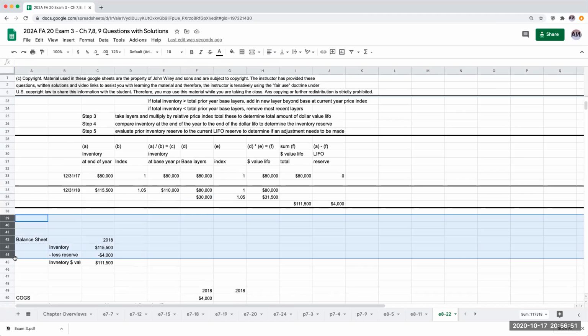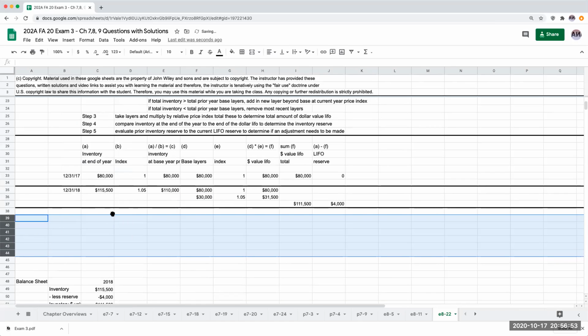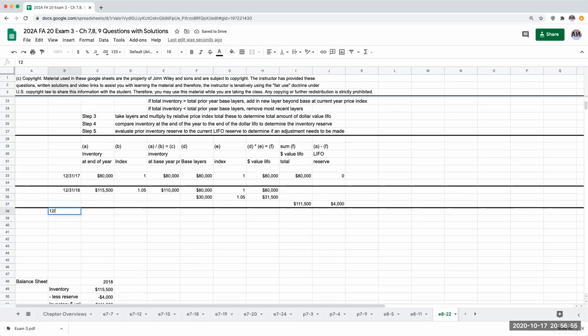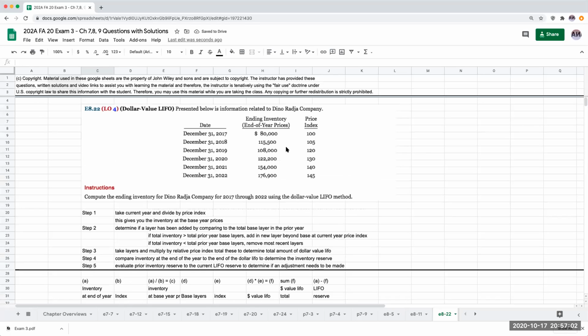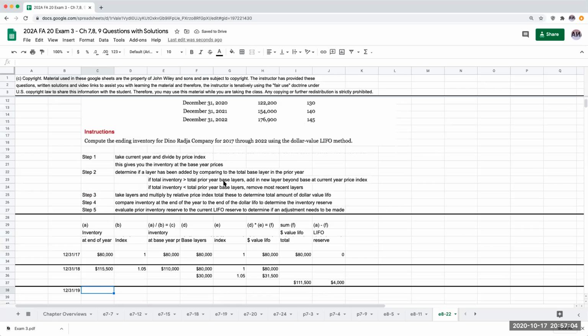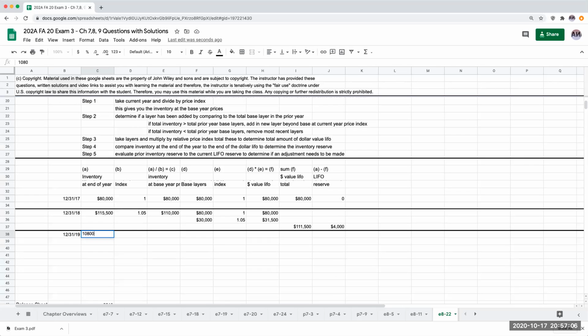So let's go over to our next case, which is 12/31/19. My inventory at end of year prices is 108,000, and this is at 1.2.